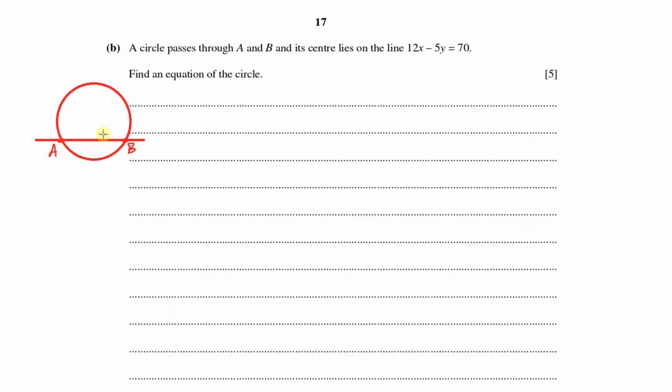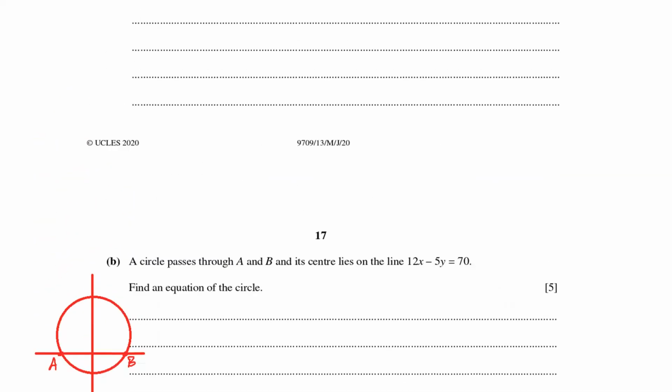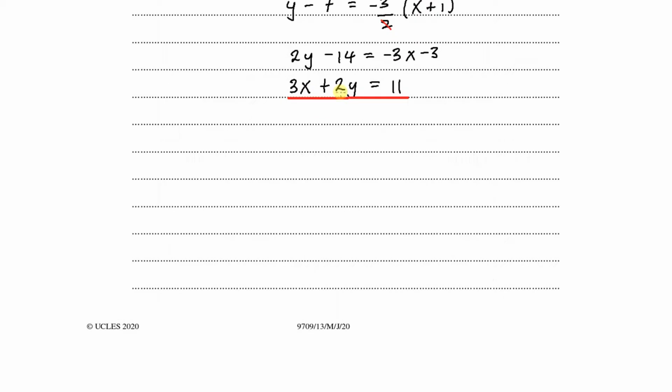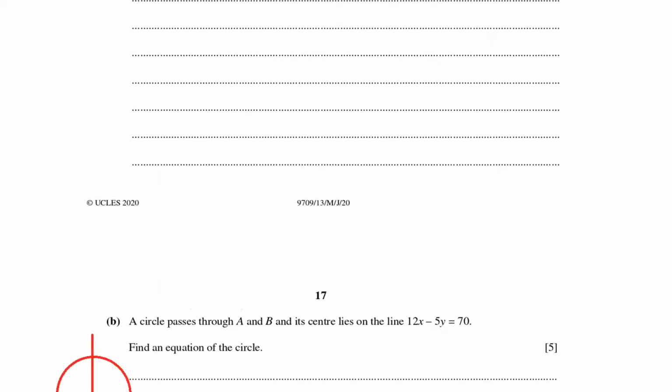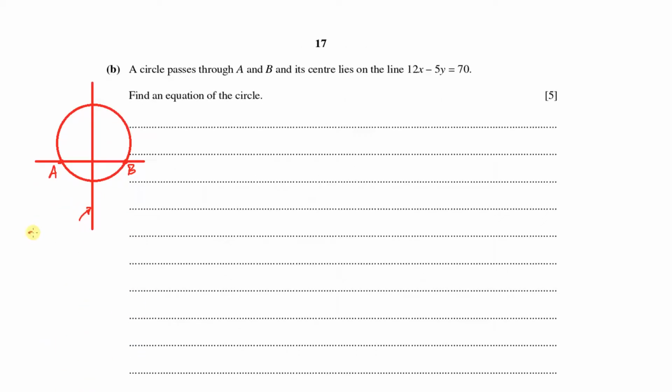And from the previous question, we'd obtained the equation of the perpendicular bisector of AB to be 3x plus 2y is equal to 11. So that's the equation of the perpendicular bisector. And we know that the perpendicular bisector divides AB into two equal parts, and it should also pass through the center of the circle.